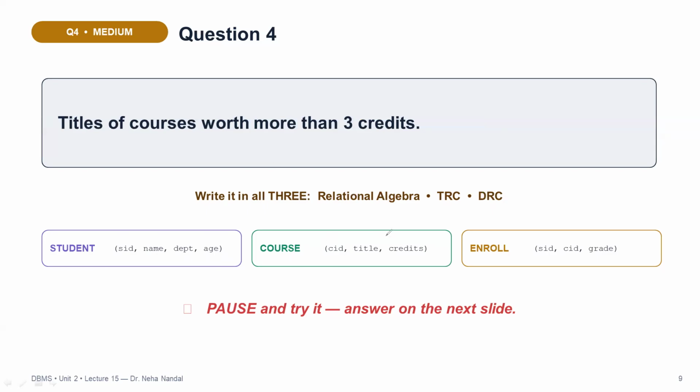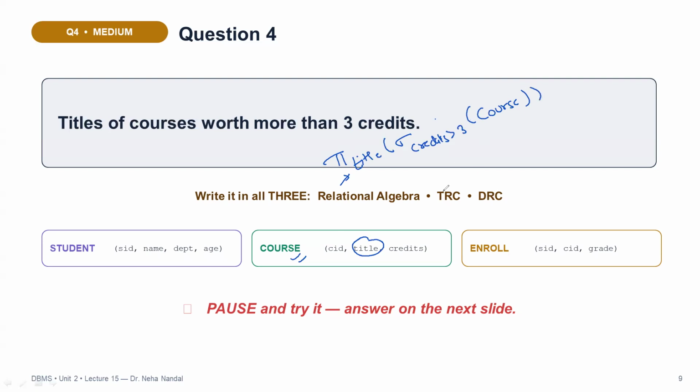This time we will be targeting the titles of the courses, so we want to display the title. First thing, we project title. Then what is the condition? We are choosing the data from which table? Course. And then the condition is credits should be greater than 3. That is your answer.